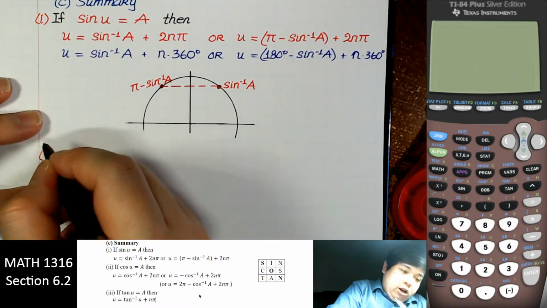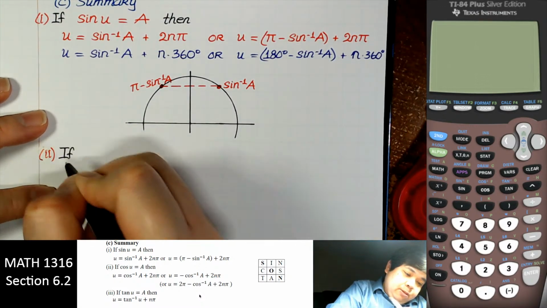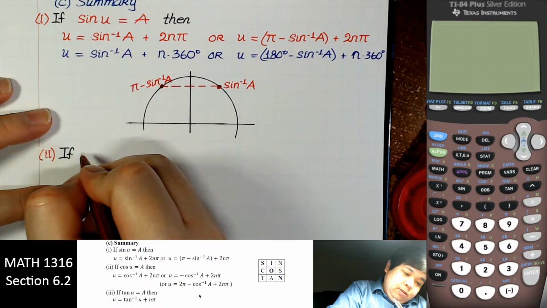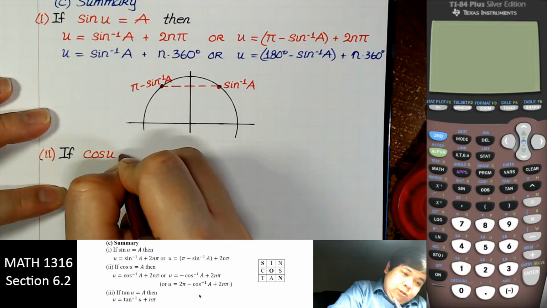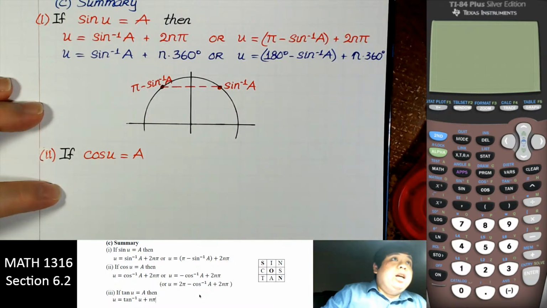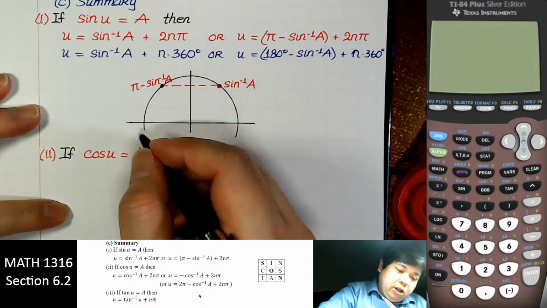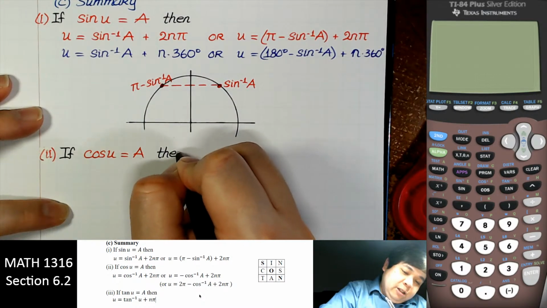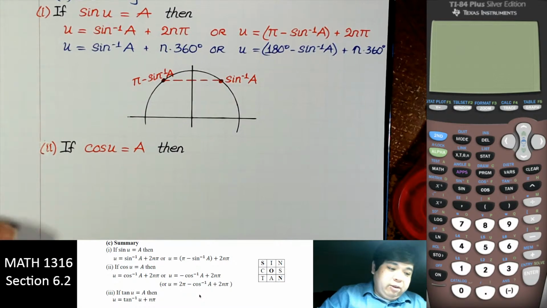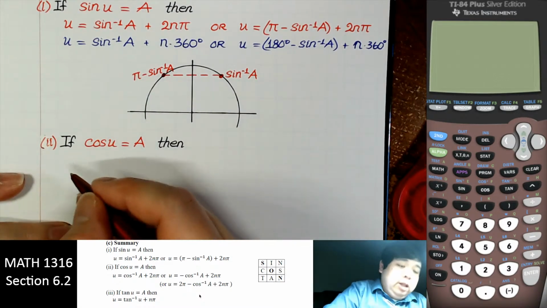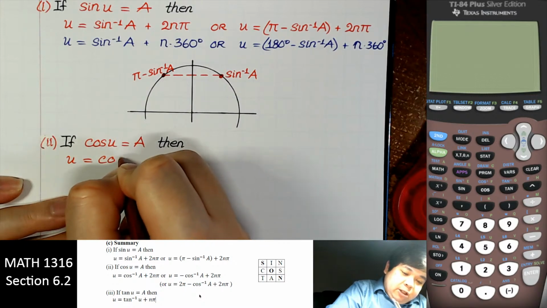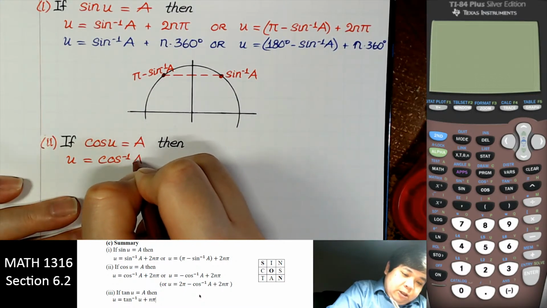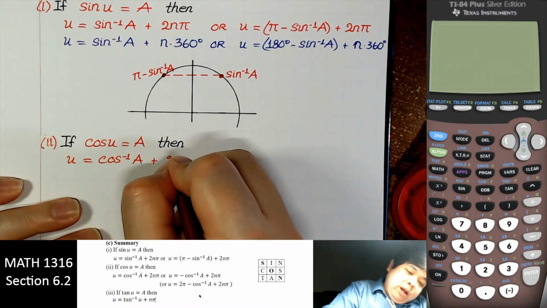Now if we have cosine, if we have the equation of cosine, then the first part we will have u equal to cosine inverse of A, again plus 2n pi.